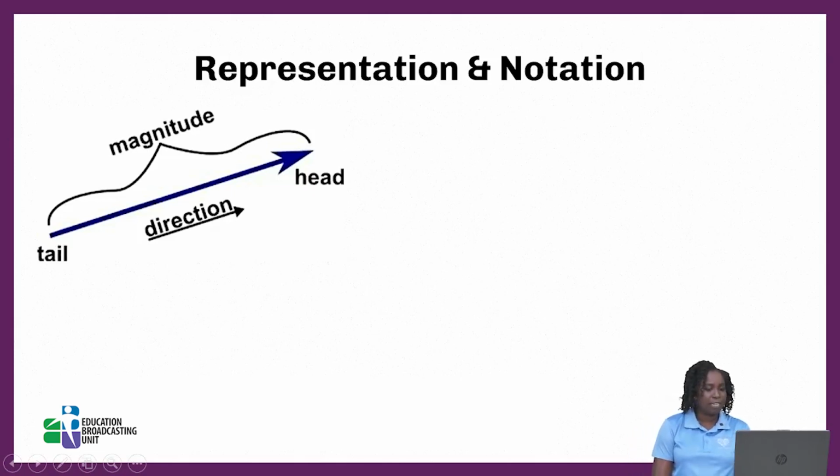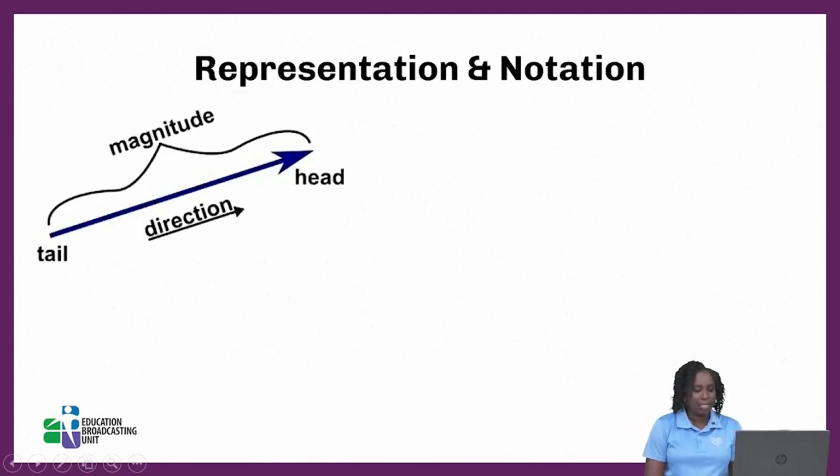So vectors are a convenient way of describing how to get from one point to another. Here we have a visual representation of a vector. Vectors have a tail, which we can call the start, and a head, which shows the direction, and there is an endpoint. The length of the vector represents its magnitude.